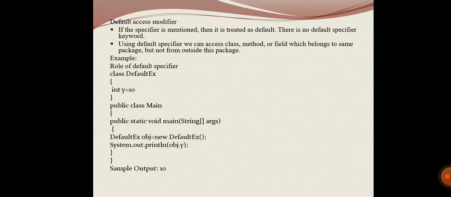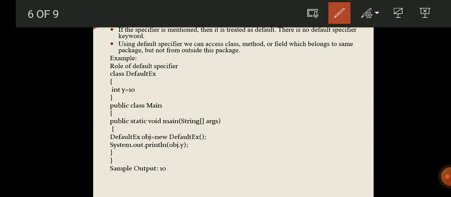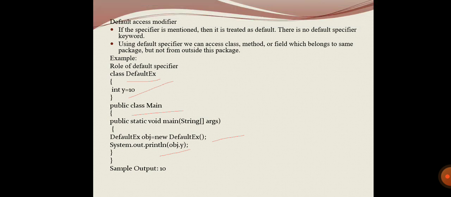See the example: default example, x equal to y equal to 10, then class main, we create the object for the class, and obj.y, definitely we will get the answer 10. So this is the default access specifier.